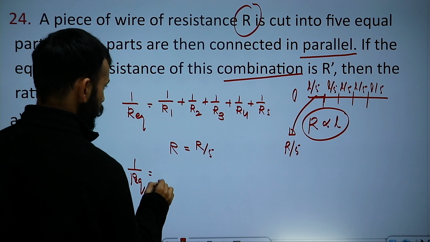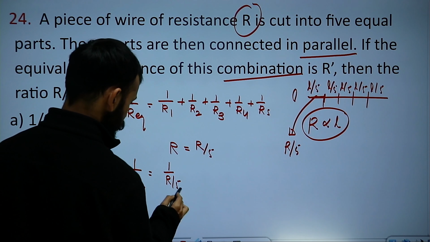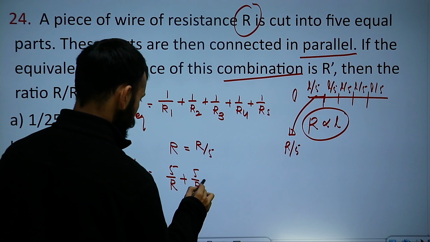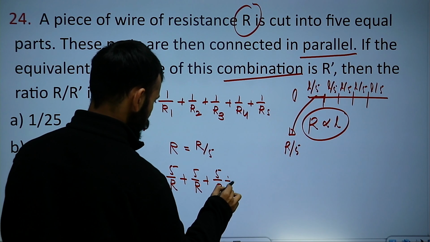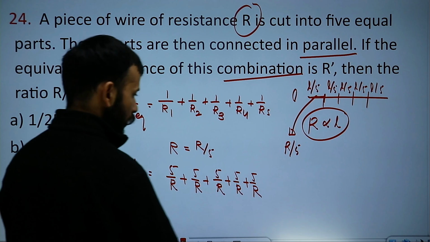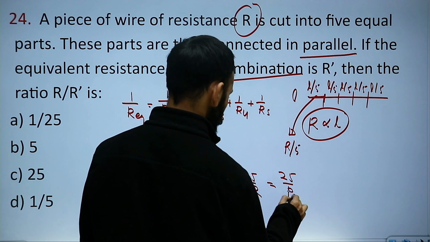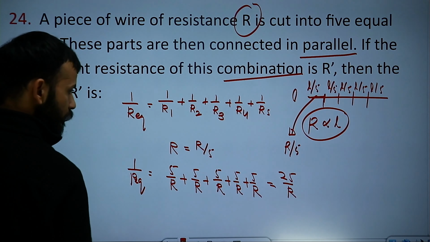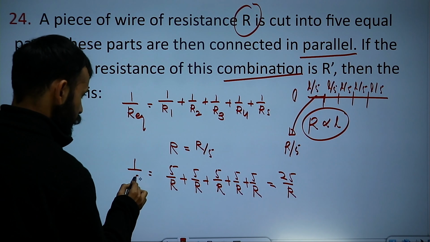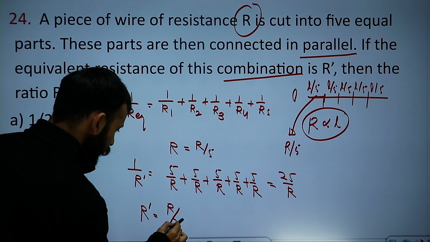So 1 upon R equivalent is 1 upon R by 5, which can be written as 5 by R, plus 5 by R plus 5 by R, 5 by R and 5 by R. Overall, this sum becomes 25 by R, and this R equivalent is represented as R dash in the equation. So our R dash will become R by 25.